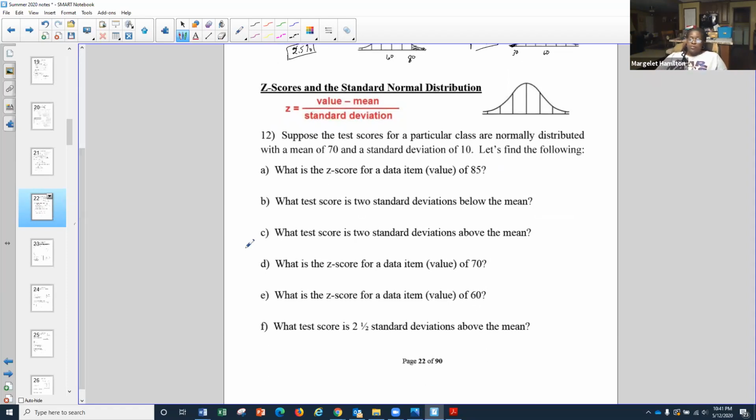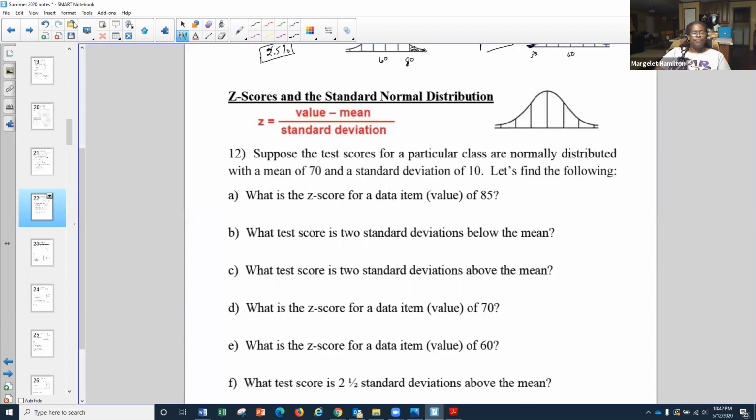So they're going to ask you some questions about the z-scores for those particular data items. Here's our graph. I'm going to bring it up a little bit. Okay. Here is our problem, and we have a formula that helps us calculate our z-score. The z-score equals the data value minus the mean, all divided by our standard deviation, right?